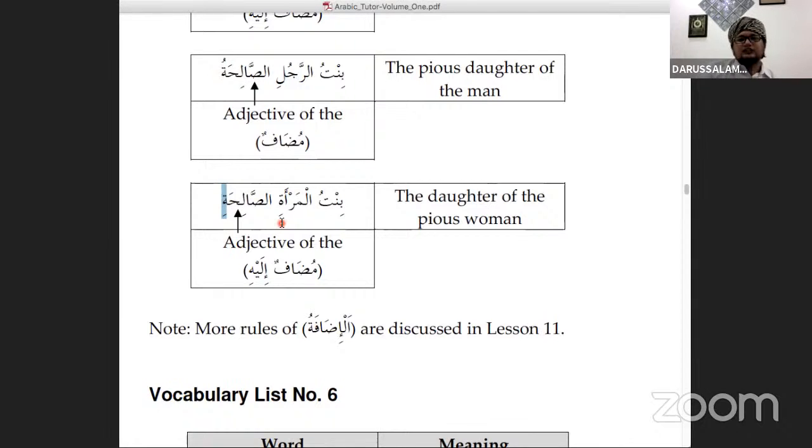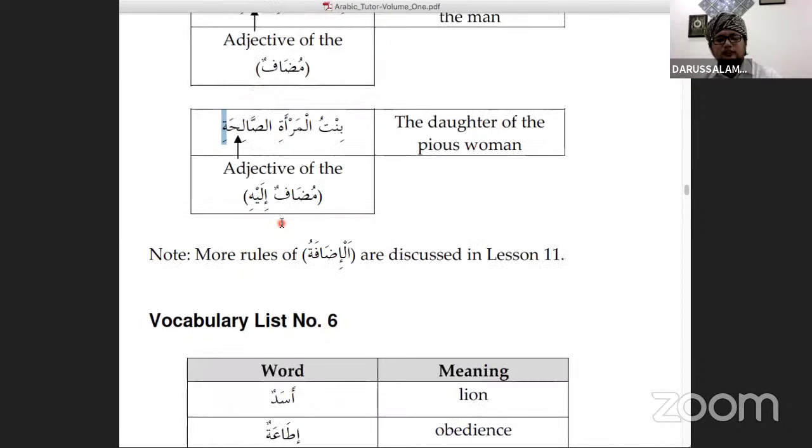Al-mar'ati as-salihati. You see that? So you're talking about the pious woman, not the pious daughter. The daughter of the pious woman. Understand? Okay, alhamdulillah.